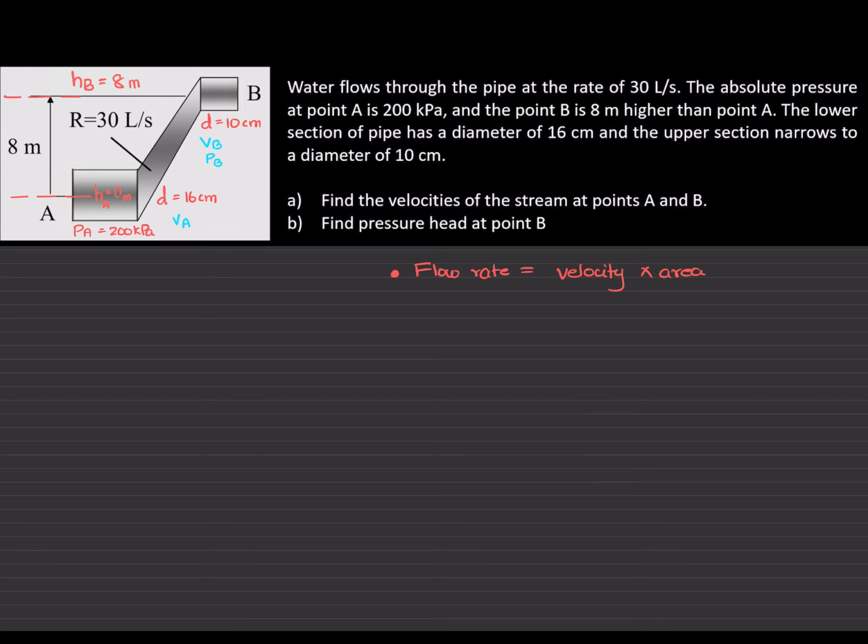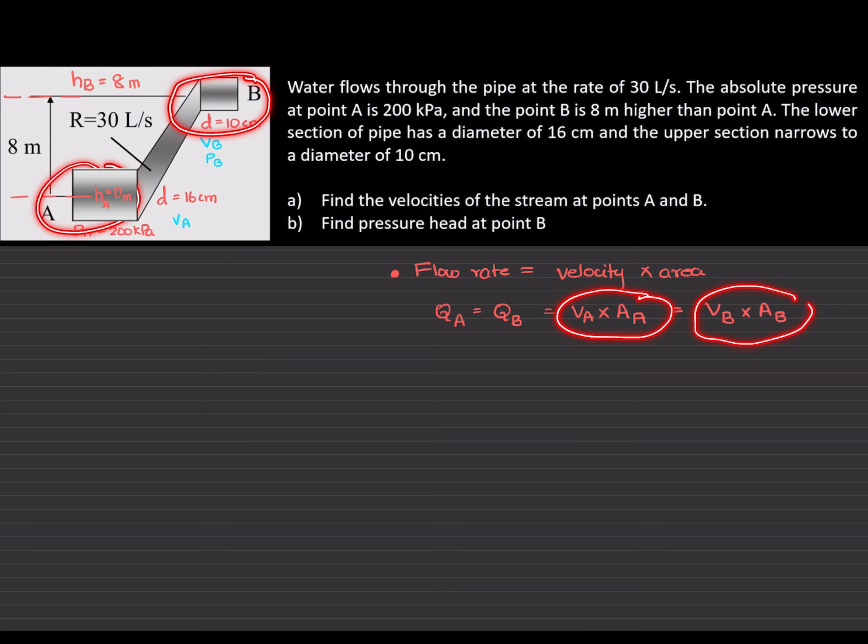So we can write that to be QA equals QB, where Q represents the mass flow rate. And that is equal to VA times AA, and that is equal to VB times area of cross-section B. Okay, so the mass flow rate in here, which is represented by VA times AA, is equal to the mass flow rate right over here at the outlet, which is VB times AB.